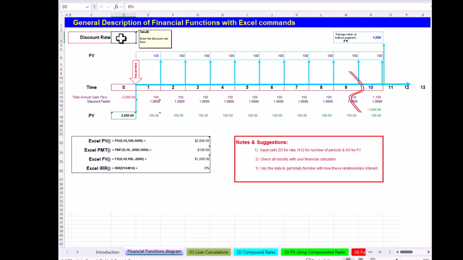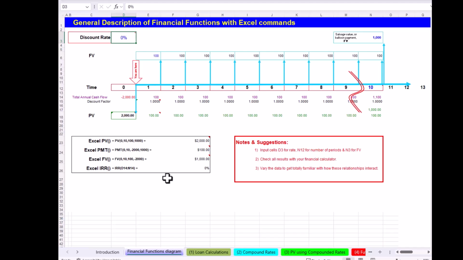Rather than doing these things year by year, as we saw last week, we can use the Excel functions, and down here in this panel is an example of the different Excel functions that are particularly relevant to this situation of calculations. We introduced the Excel PV function last week.